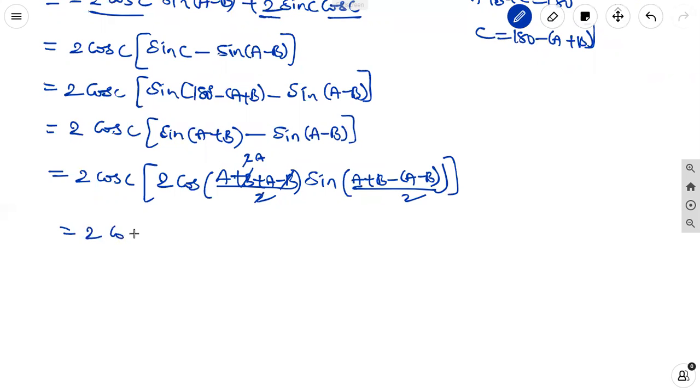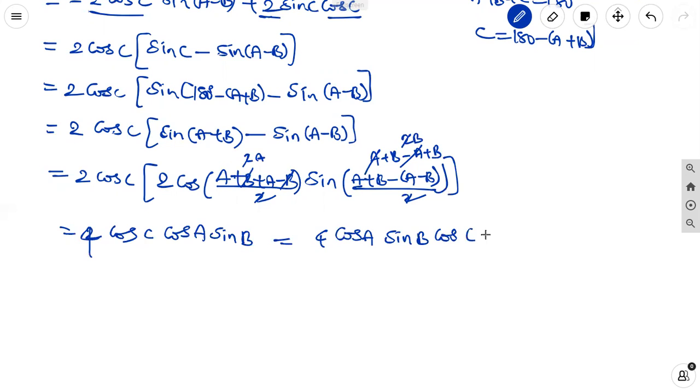It is 2 into 2, that is 4 cos C cos A. Here also A plus B minus A plus B: A minus A cancels, 2B, 2 cancels. We are getting sin B. It is equal to 4 cos A sin B cos C. That is equal to RHS.